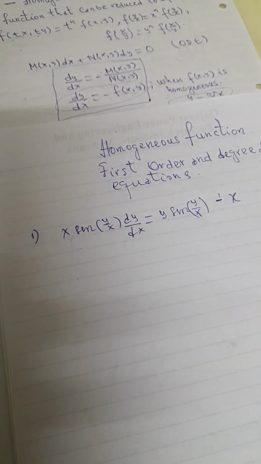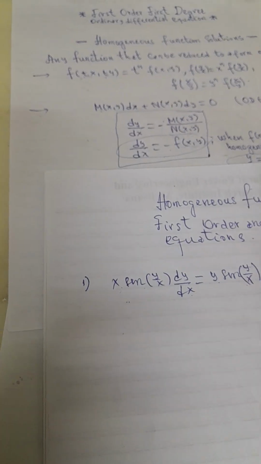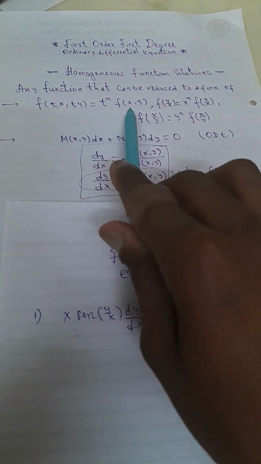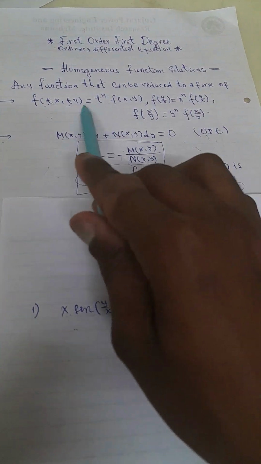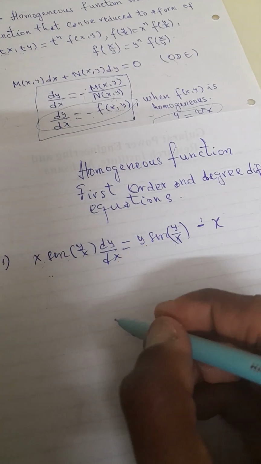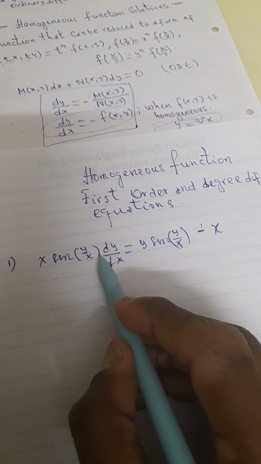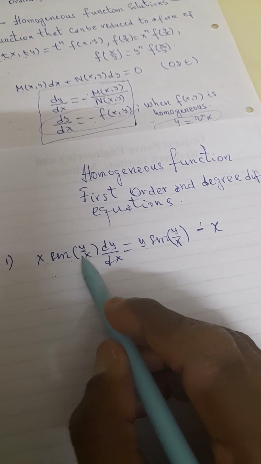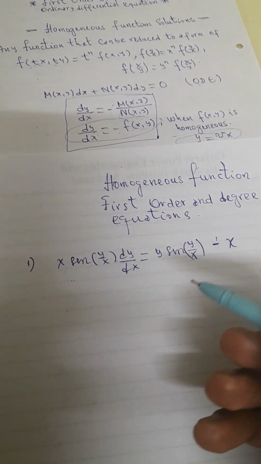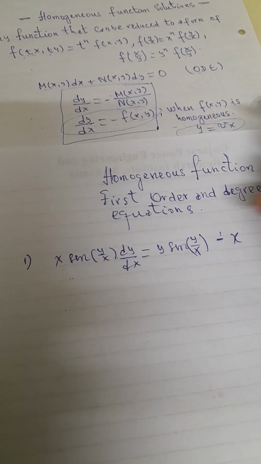homogeneous. If this function is homogeneous, there is another way that you can check whether a function is homogeneous or not, just by looking at this one. Just try to transform this function. Now that we know this is a homogeneous function, what else do we have to do? We can just apply the homogeneity substitution, like y equal to vx.